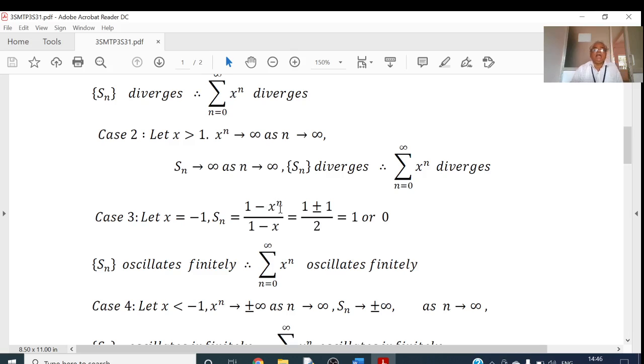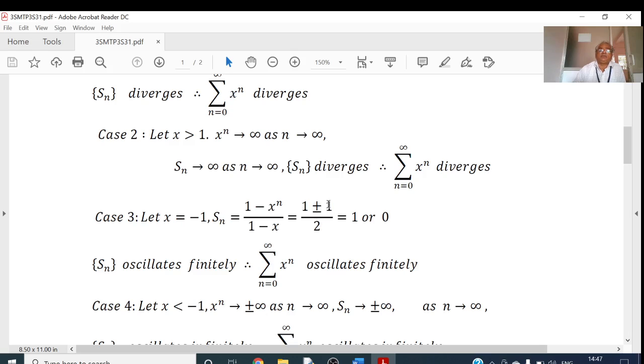If n is an even number, then minus 1 to the power of n is 1. If n is an odd number, then minus 1 to the power of n is minus 1. So x power of n is equal to plus 1 or minus 1. So Sn is equal to 1 plus or minus 1 divided by 2.